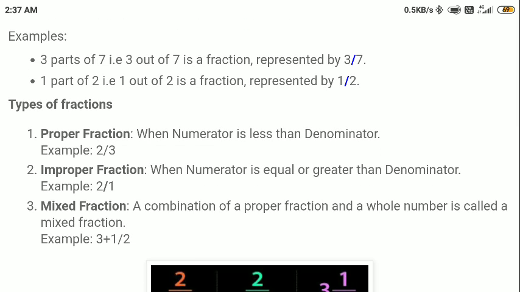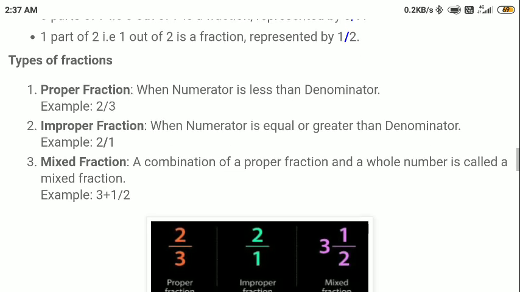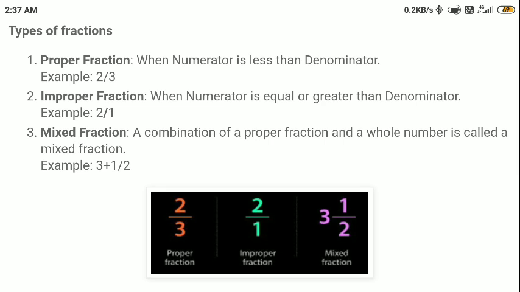We have talked about 1 by 2 already. So I hope you understand. Let us move forward to the types of fractions. Depending upon the parts out of the whole number, we will talk about different types of fractions.